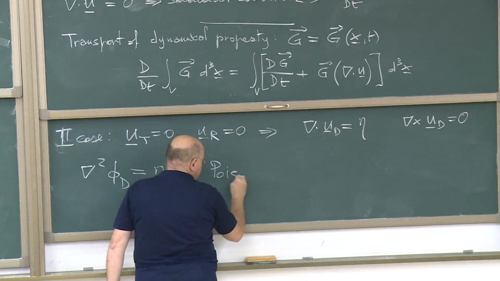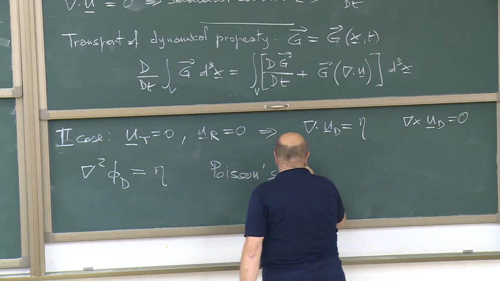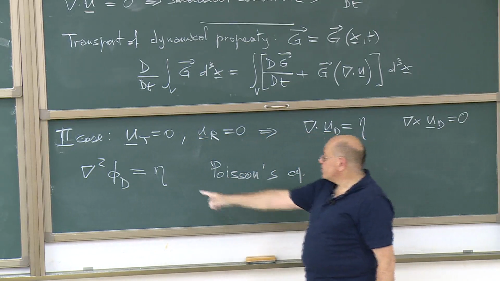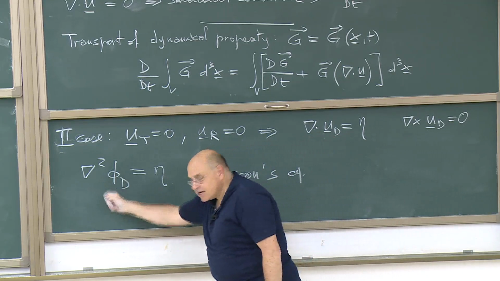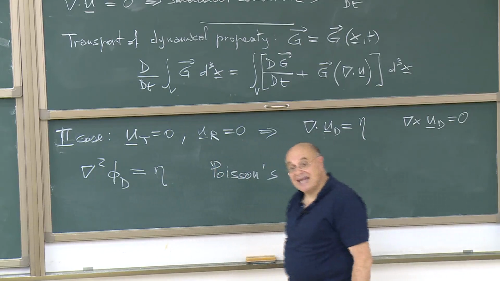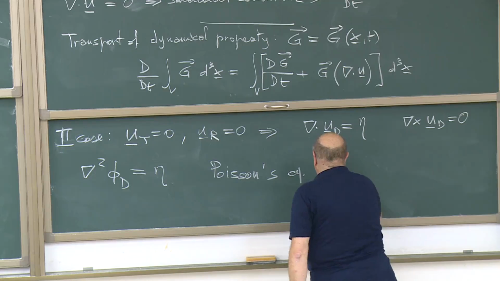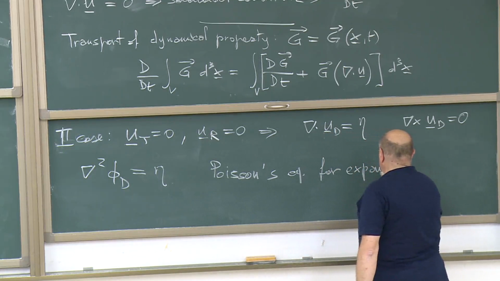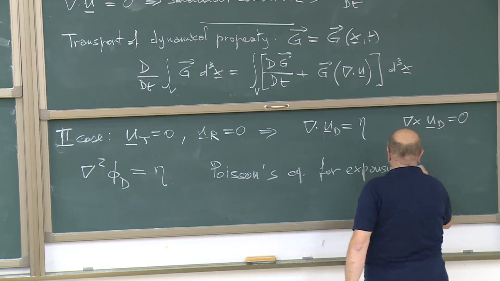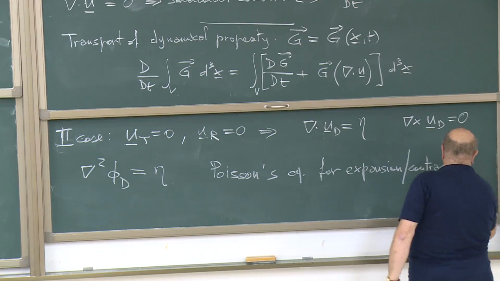I like to use a name. I call it Poisson's equation for eta, because I want to be specific, because this equation will come up in a moment again. So I will say Poisson equation for eta, for expansion or contraction due to eta.